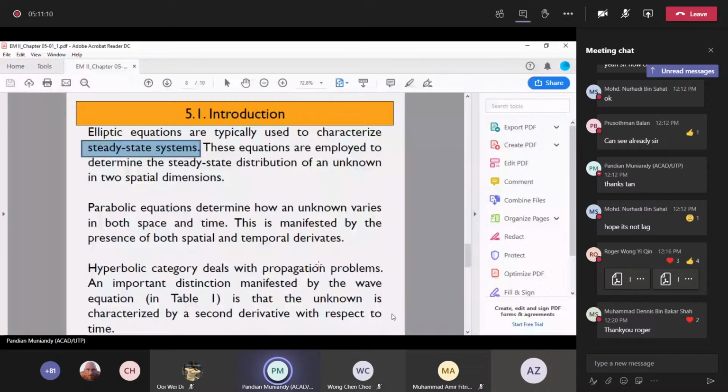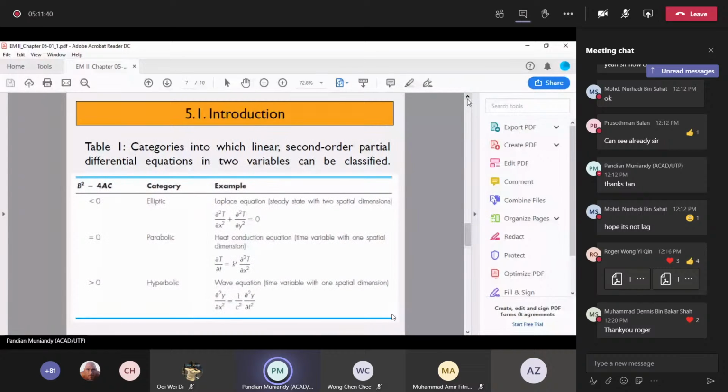This is manifested by the presence of both spatial and temporal derivatives. So the time and the space. So you have the output, capital T, temperature. For hyperbolic, y is the output and x and t are inputs, c is the constant. So your y depends on x and t.